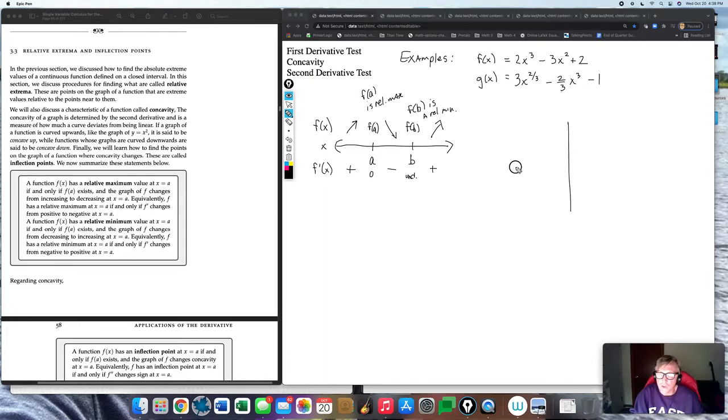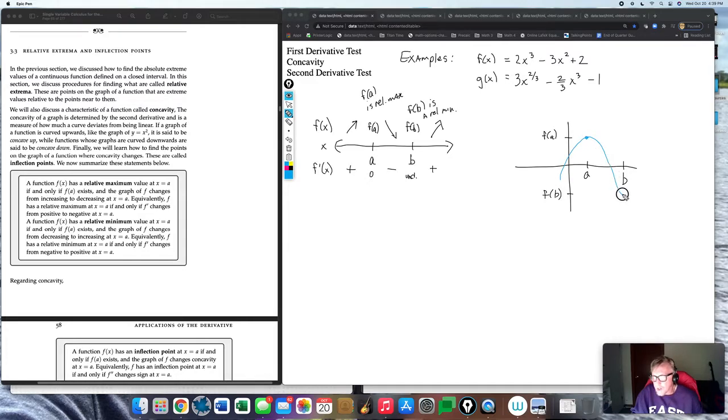Okay, so if we were drawing this graph, we may have a here and b here, and here's f of a, and maybe down here is f of b. So what could be happening is up to x equals a, the function is increasing, and then it decreases. Let's try that again.